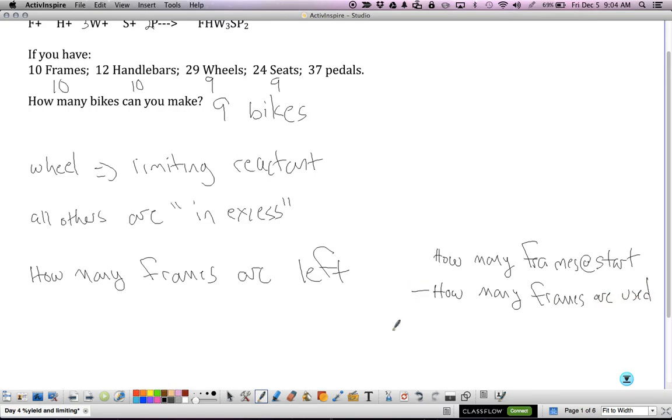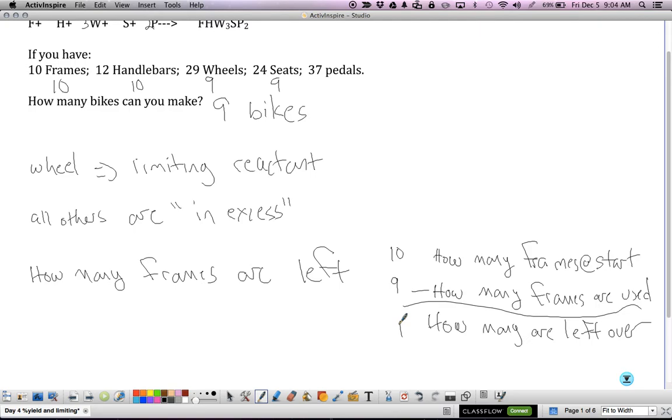If you subtract those, you'll get how many are left over. So in this case, we'd say we started with 10 frames. We're going to use 9, right? And that means we're going to have 1 left over.